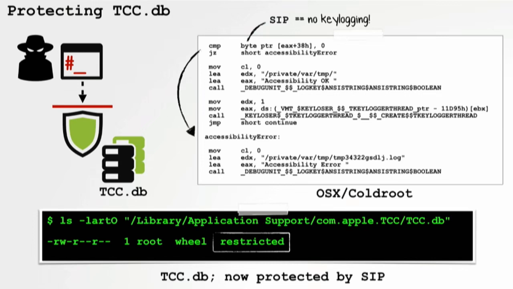So going back to the OSX.CreativeUpdater, er, the ColdRoot malware, we can see that it will actually check if its modifications to the database were successful, and if it fails, it will not implement its keylogger logic because it won't work. So this basically means that because of these new security mitigations that Apple has implemented, even though the malware will still run, the keylogging will not be successful. So kudos to Apple for fixing that.